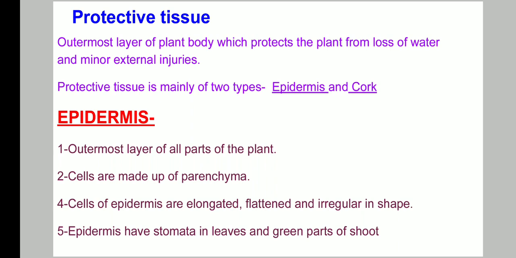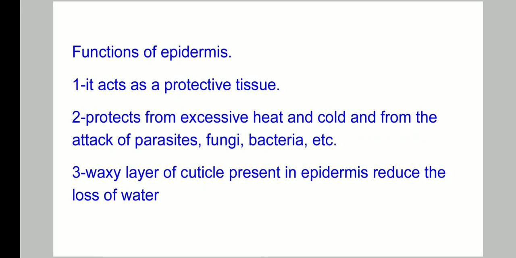If it is of any other color and soft, it shows that it also has some stomata for gaseous exchange and for respiration. So stomata are found in the epidermis, the outermost layer of the protective tissue.